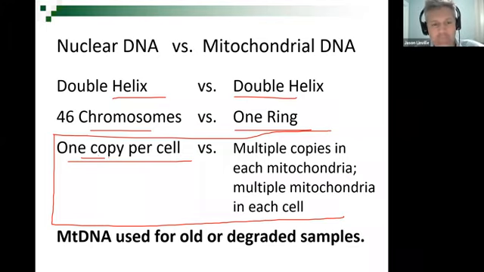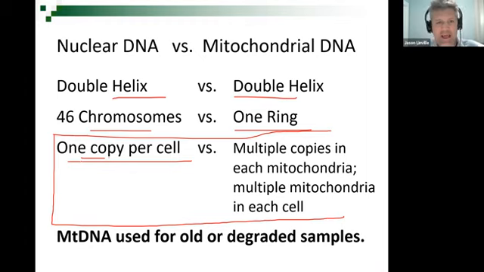In theory, we could take that one cell with that one copy and we could amplify those alleles just like we did when Simone was mowing my yard, okay? 1 to 2, 2 to 4, 4 to 8, etc. But when you're starting with only one copy, the amplification reaction usually never takes off.